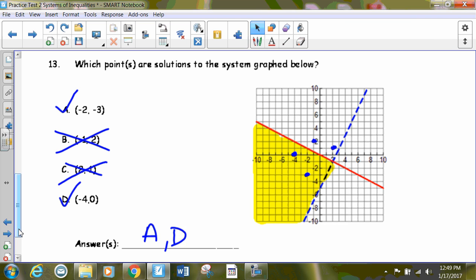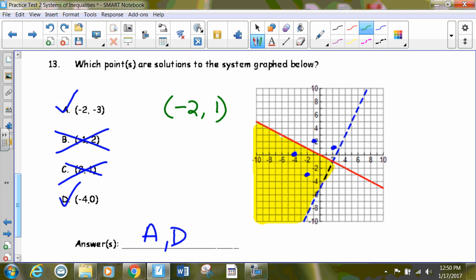Wonder if this practice test said, what about the point -2, 1? Let's look. We go -2, 1. That is right there on the solid line. Would that be part of the solution? Yes, that would, because a solid line is part of the solution. Can you see that?